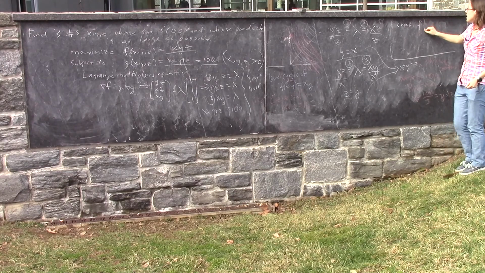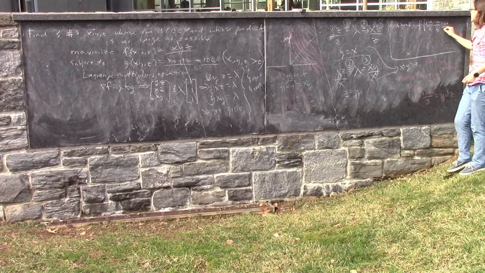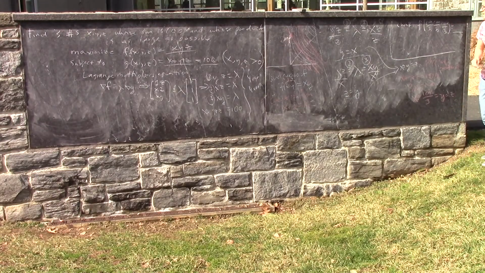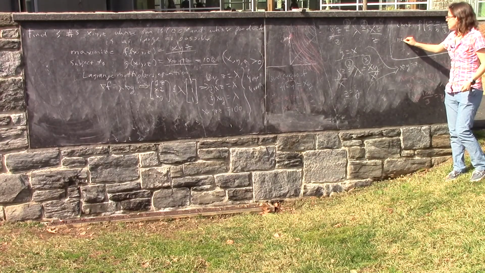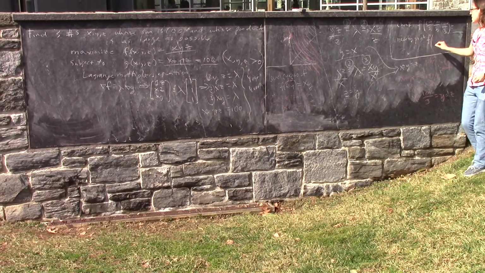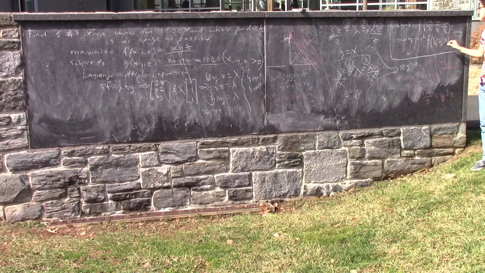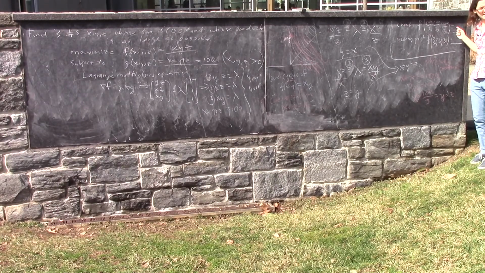We could compute f at 100 over 3, 100 over 3, 100 over 3, and we get whatever value it is. And then at a nearby point, we could check f at like 33, 33, 34, which is nearby. And we'd want to make sure that this one is smaller than the one that we got so that ours is a max. And I think it is, right?